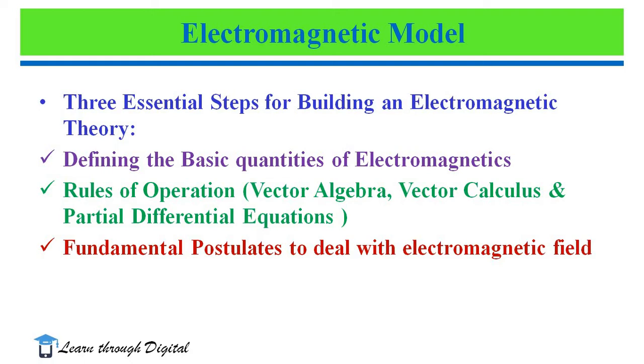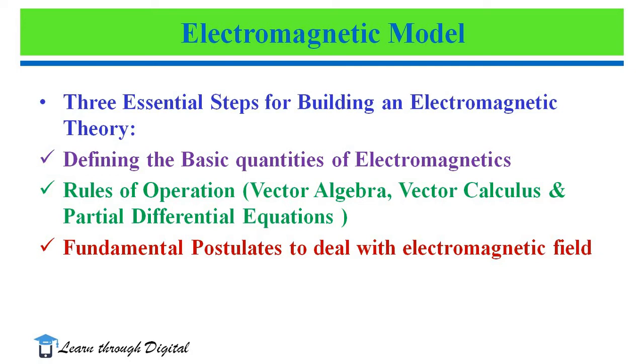So, in this video, we shall take the first step of defining the basic quantities of electromagnetics. The second step, the rules of operation, encompasses vector algebra, vector calculus and partial differential equations. The fundamentals of vector algebra and vector calculus will be discussed in another video.